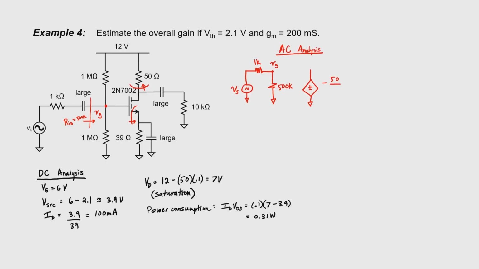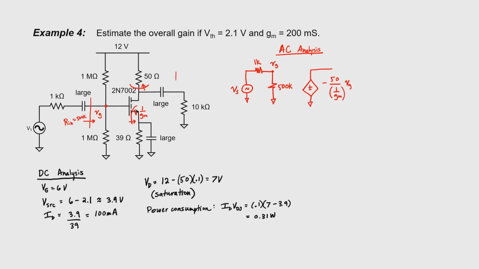And for the denominator, we have a very large capacitance that bypasses the 39 ohms. So the only resistance we're left with is the little resistance due to the transconductance of the transistor. So we could imagine that this resistance here is 1 divided by gm. So that ratio gets multiplied by our gate voltage.